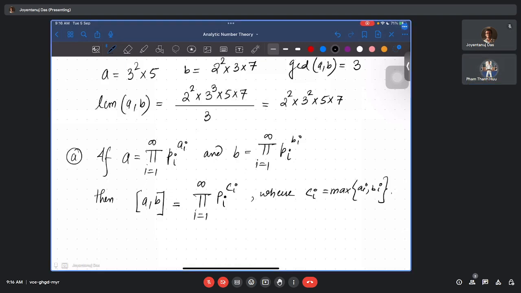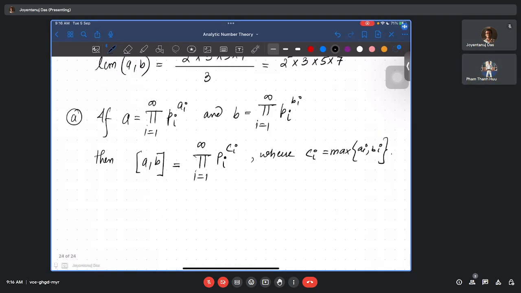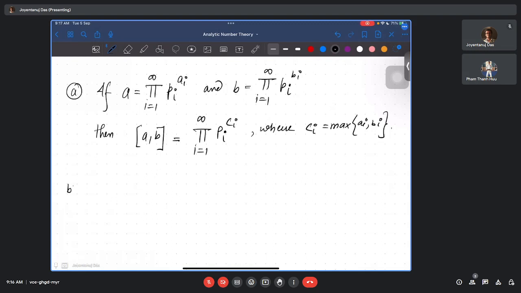So yes, a few more properties. Suppose you take the GCD of A and B, and take C and find the LCM.